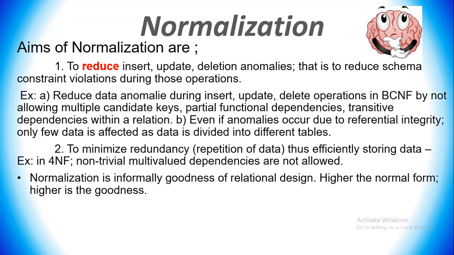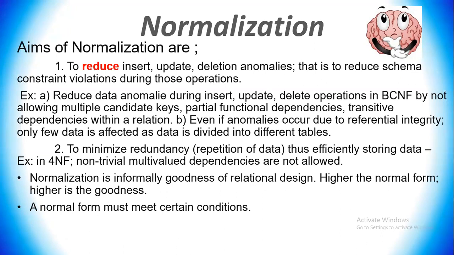The other way of interpreting normalization is that it is the goodness of design. The higher the order of normalization, the better we say the database is, because it has less repetition of data and fewer data anomalies, right? A normal form should have different conditions.